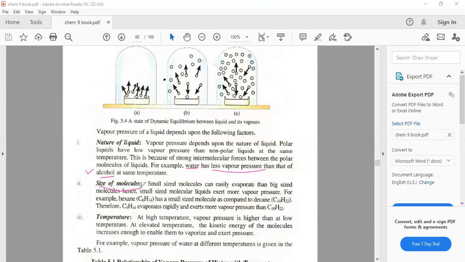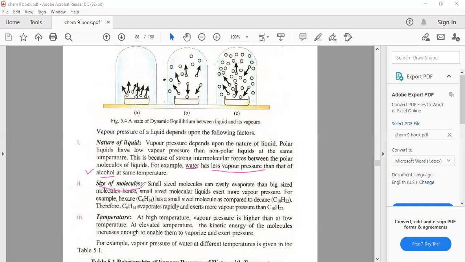You can imagine this: if the size of the molecules of the liquid is larger, big-sized molecules have difficulty vaporizing or exerting pressure.